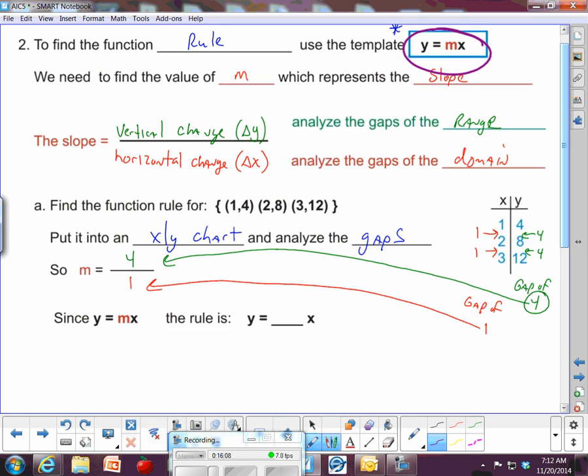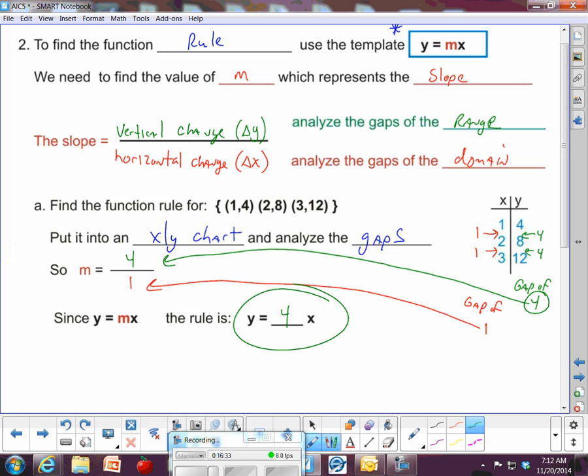Here's the key. All we've got to do is take y equals mx and sub in the value for m. We just found m. What is the value of m? 4 divided by 1 is 4, and that's it: y equals 4x. We found the rule.